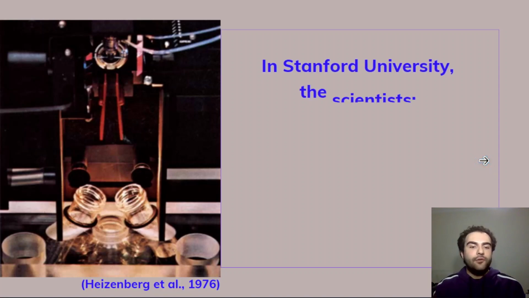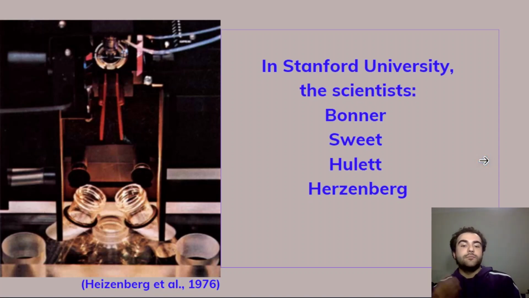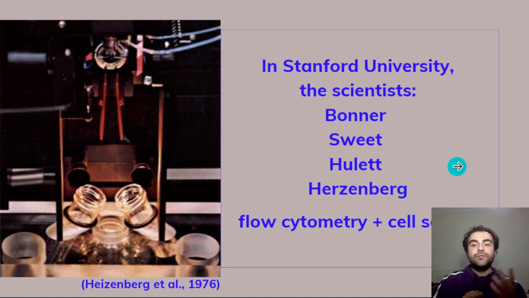And at Stanford University, the scientists Bonner, Sweet, Hewlett, Herzenberg and others invented FACS to do flow cytometry and cell sorting of viable cells at the same time. This is the part of FACS that differs from flow cytometry, because it includes the cell sorting.